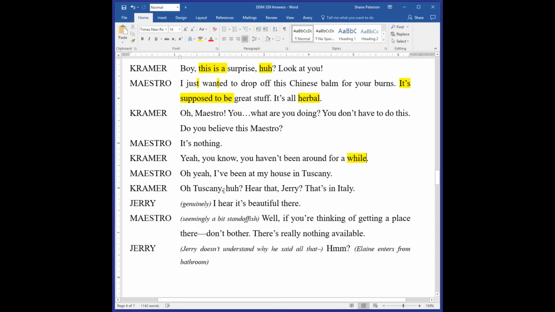Oh, Tuscany, huh? Hear that, Jerry? That's in Italy. I hear it's beautiful there. Well, if you're thinking of getting a place there, don't bother. There is really nothing available.